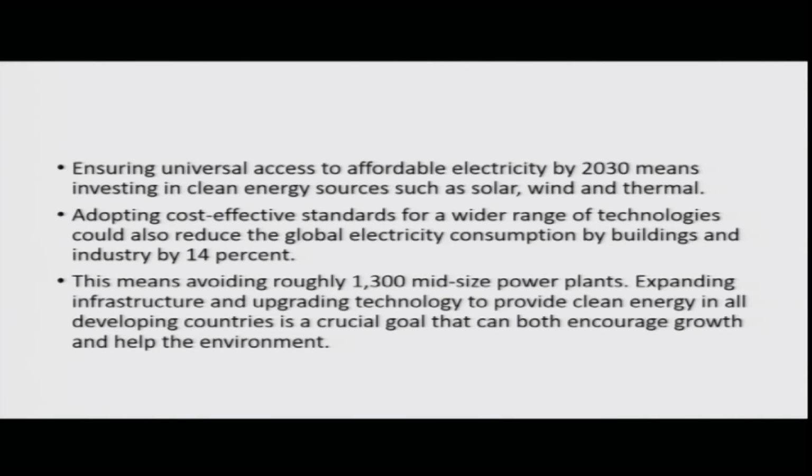This means avoiding roughly 130 mid-sized power plants, expanding infrastructure and upgrading technology to provide clean energy. That means number one, we should design buildings in such a way that they consume less energy. We should switch over to alternate sources of energy to reduce dependence on fossil fuels.